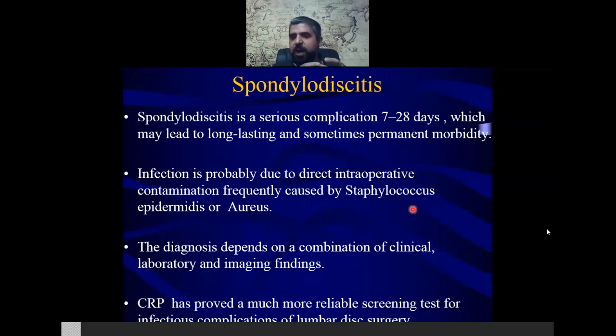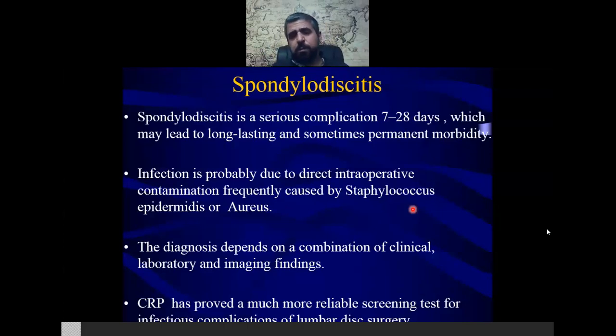So if surgery is done on the L4-5 disc, the disc and the L4 and L5 vertebrae are all involved by pyogenic infection. So it is a serious complication. It usually develops 1 week to 1 month after surgery. Sometimes it can cause long-lasting or permanent morbidity, meaning a serious problem for the patient.